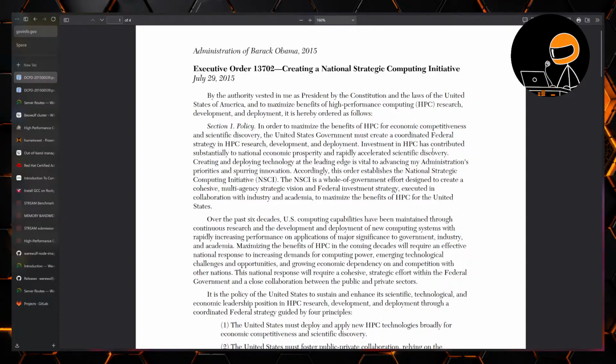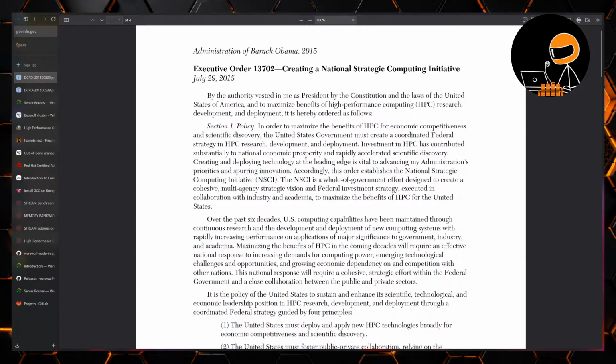Investment in HPC has contributed substantially to national economic prosperity and rapidly accelerated scientific discovery. Creating and deploying technology at the leading edge is vital to advancing my administration's priorities, spurring innovation. Accordingly, this order establishes the National Strategic Computing Initiative, NSCI.